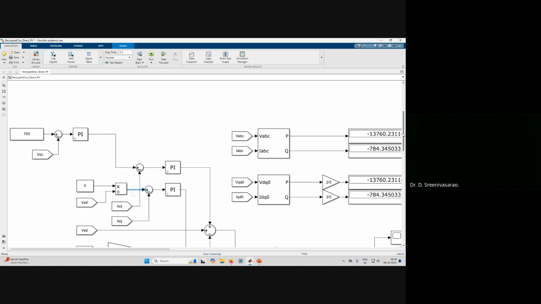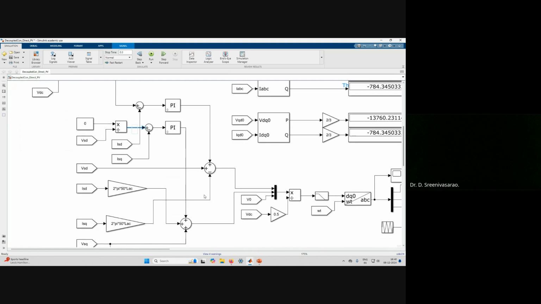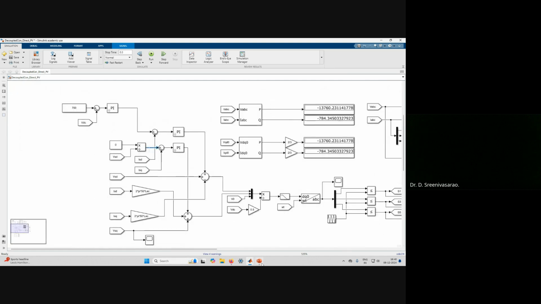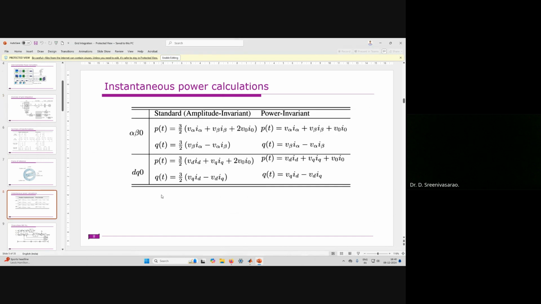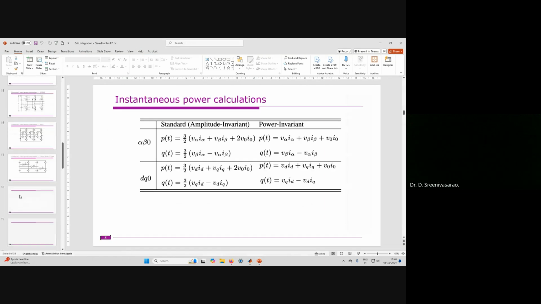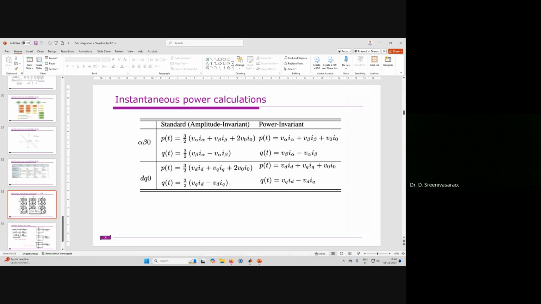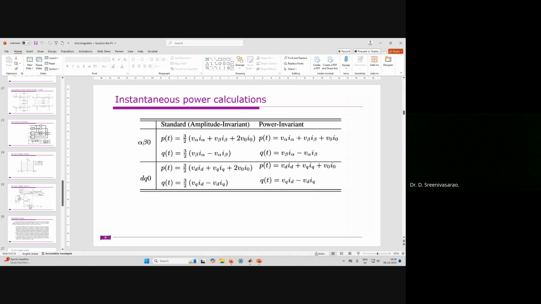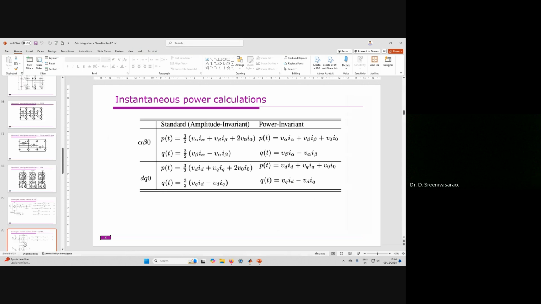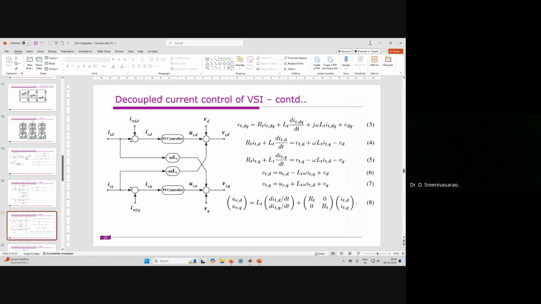So the rest of the things are the same. Implementation of this one, you got the ID reference, and the rest of this implements the controller.